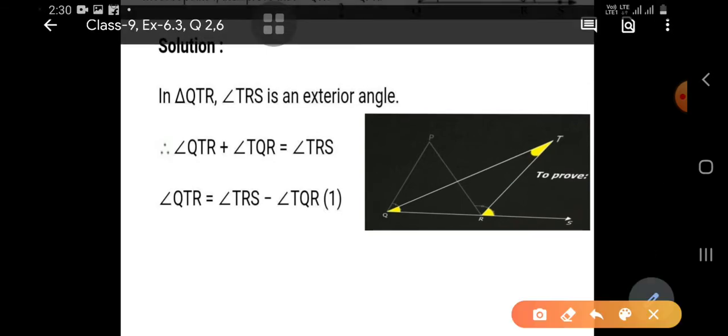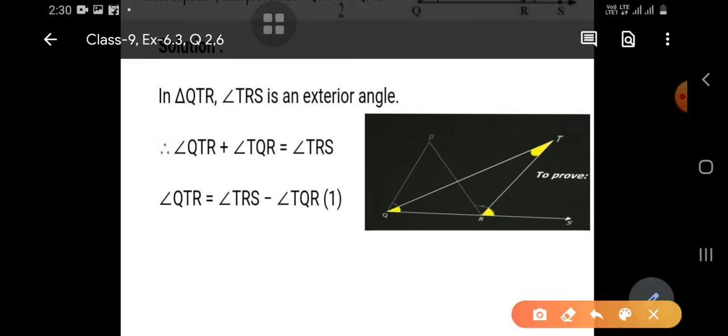Just see the picture. This is the given picture. Now concentrate on triangle QTR. Look at here. This is Q, this is T, and this is R. So in triangle QTR, it is clear that this angle is the exterior angle, and it will be equal to the sum of the two opposite interior angles. That means the sum of this angle and this angle. Let me write it.